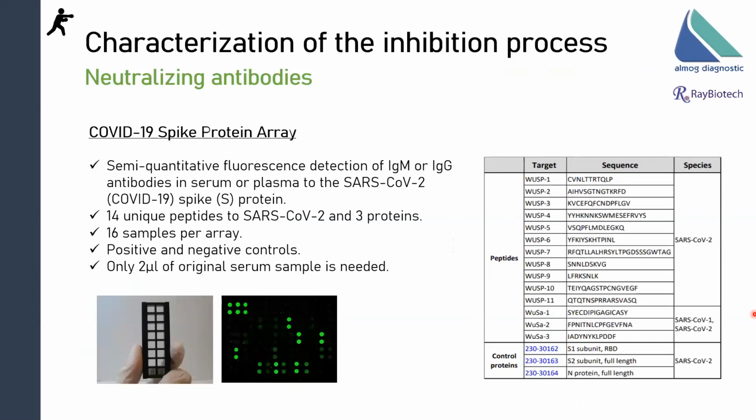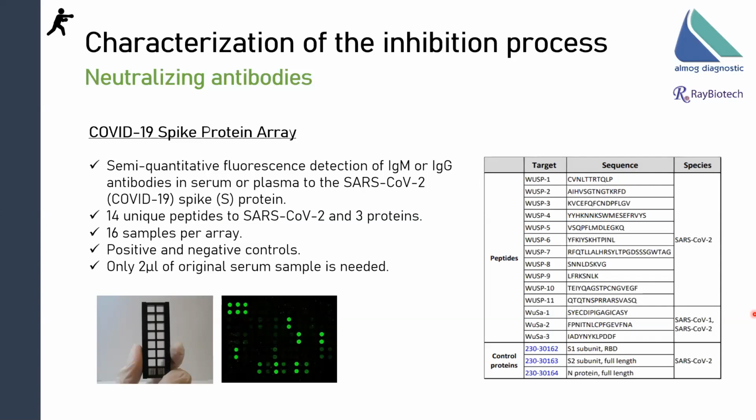The uniqueness of this assay is that it is a spike protein array. This array consists of 14 peptides of the spike, COV2, and 3 full proteins, which are the RBD protein, the S1 RBD, the S2 subunit full length, and the N protein full length.